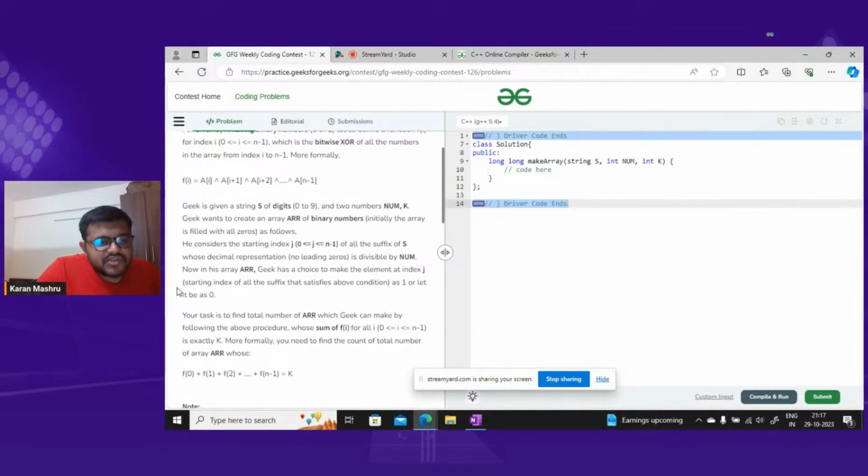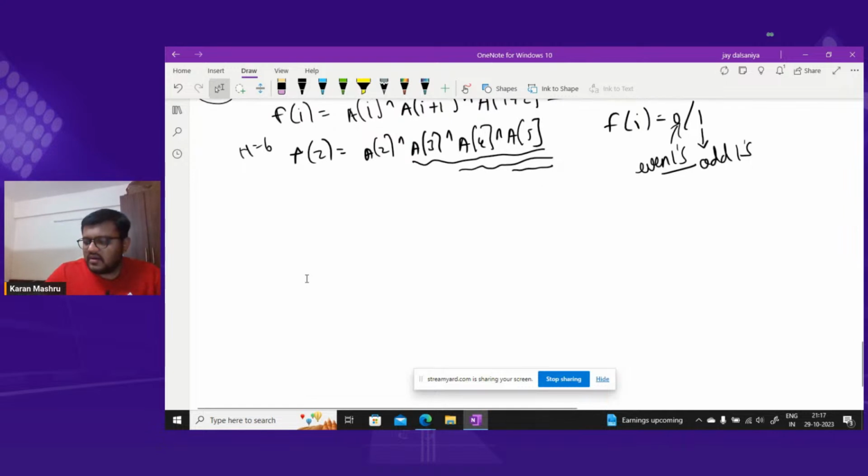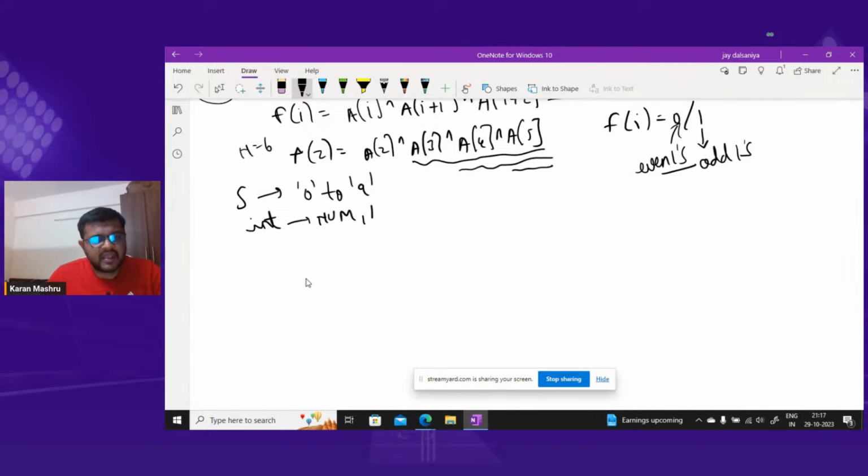Geek is given a string s of digits from 0 to 9 and two numbers num and k. Geek wants to create an array ARR of binary numbers. Initially, all the array is filled with 0 as follows. So basically, Geek has been given a string which contains digits from 0 to 9. Geek is also given two integers which are nothing but num and k.